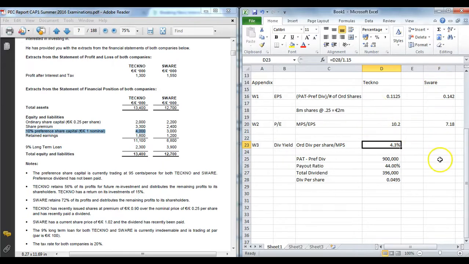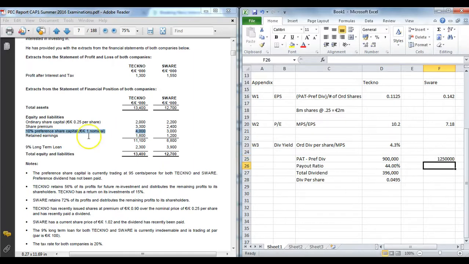Similar approach now for Swear. The profit after tax minus preference dividend is 1550 minus 300,000 of preference dividend, which has not been paid. Because we are only interested in ordinary dividends and ordinary shares. So we need to strip out any impact of the preference shares.